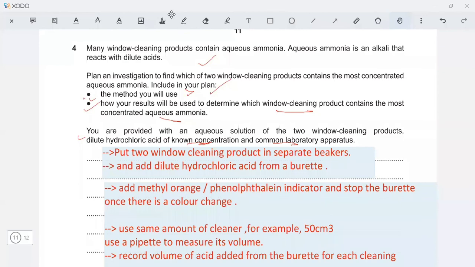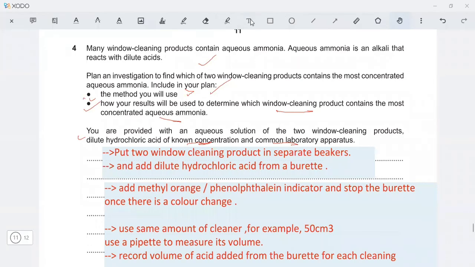They're talking about an alkali and they're talking about acids. When they react together you get a salt, and that's basically a titration. It is a famous chemical reaction we studied in IGCSE. So how do you do a titration? It is well known to you. Let us do it stepwise.